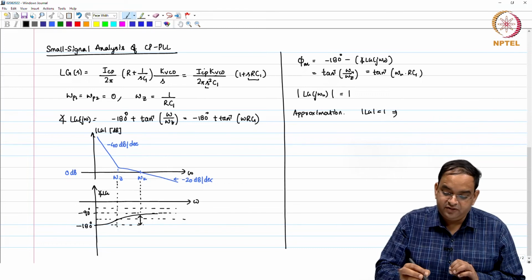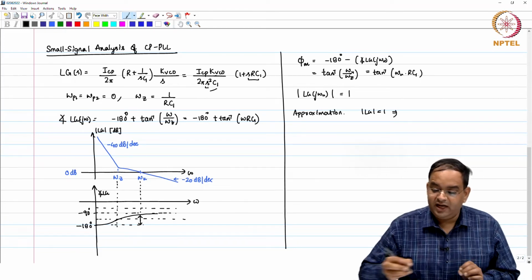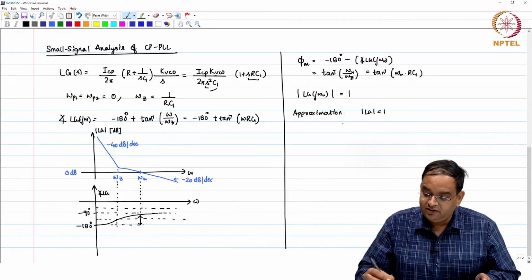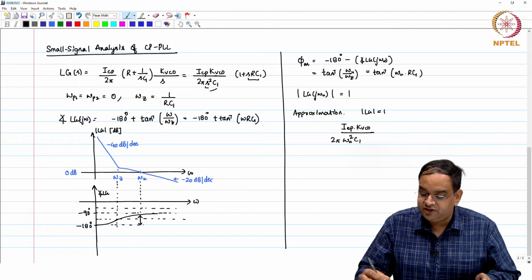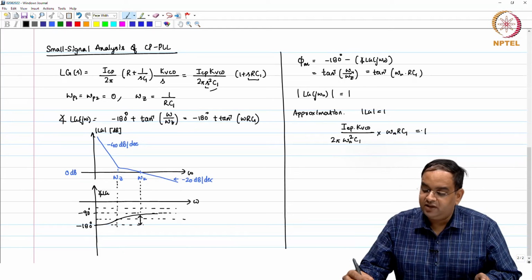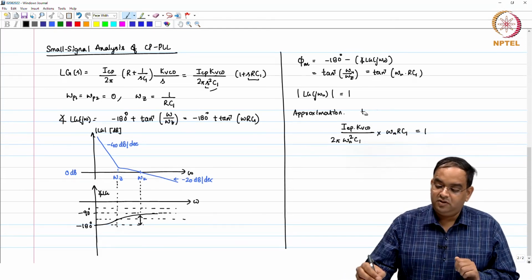So, here what you see is this is the gain which we are looking at. So, this I will write as ICP times KVCO divided by 2 pi omega u square C1 times omega u R C1 is equal to 1. This is an approximation. Okay.